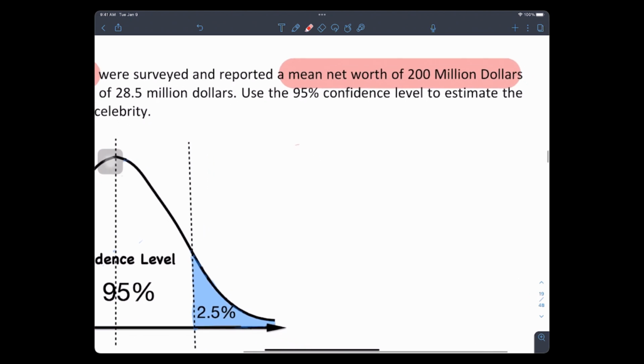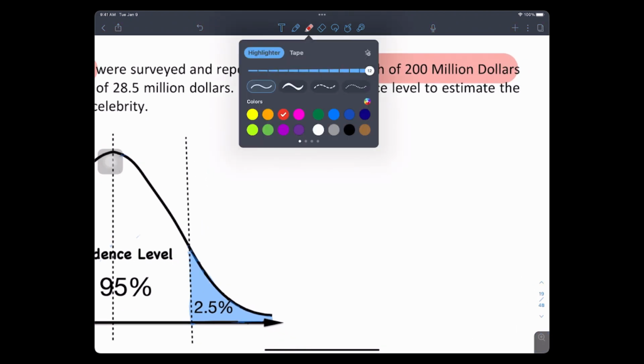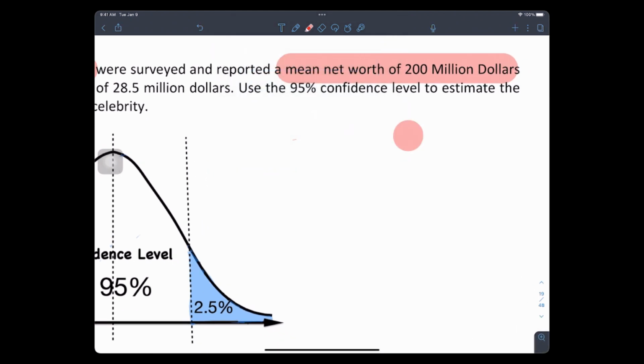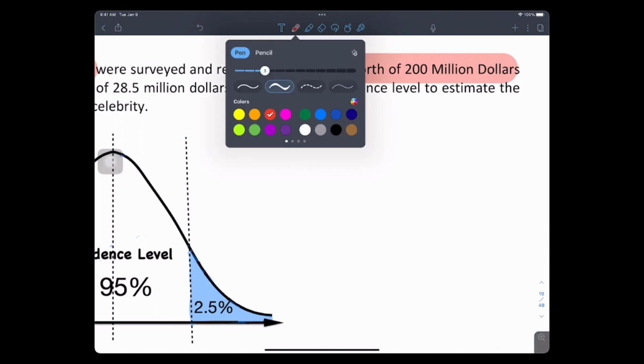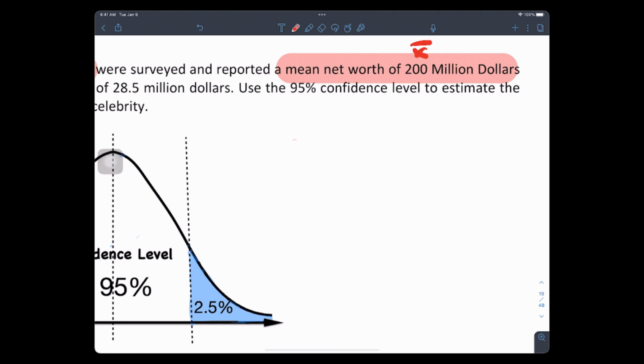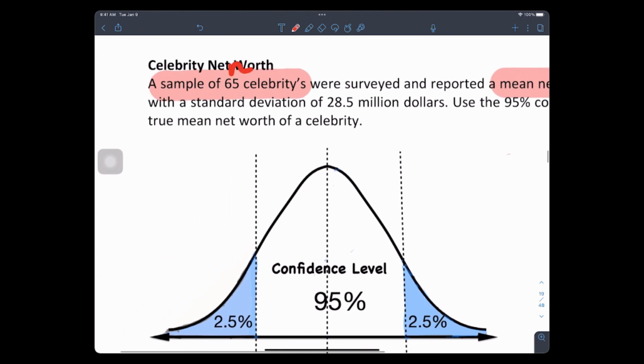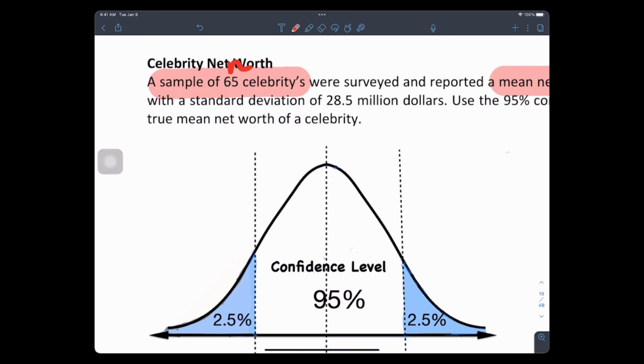That's a lot of money. So they took a sample of 65. They computed a sample mean. So this is a sample mean. And then they say with a standard deviation of 28.5.